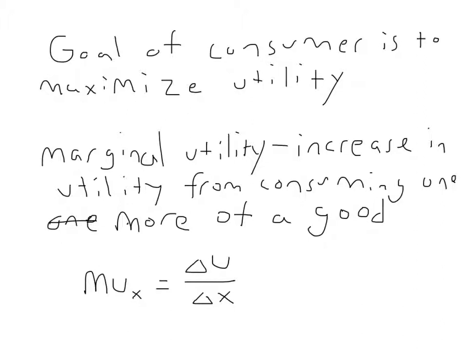It's important to note that the marginal utility from consuming more pizza will be one number, and the marginal utility from consuming one more soda will be a different number. There are different margins for each good, so there are different marginal utilities for each good. That's why we take pains to emphasize this little subscript, the marginal utility of X, because if we don't specify what good we changed at the margin, then we don't have a meaningful, useful concept.